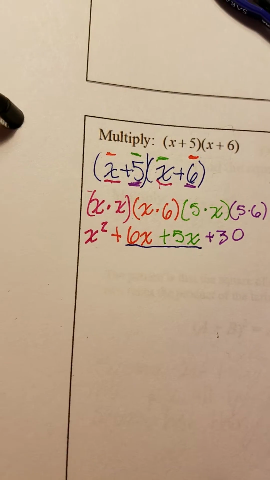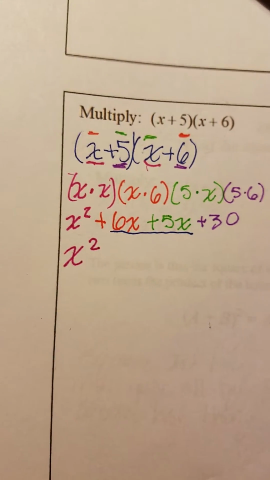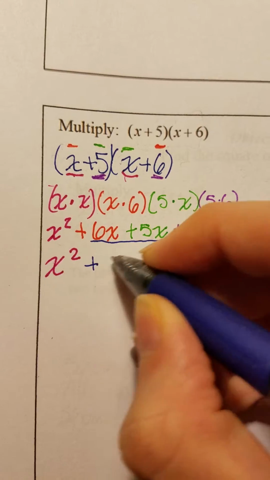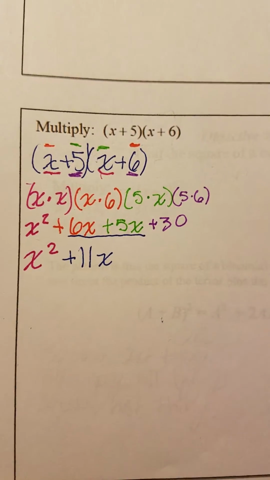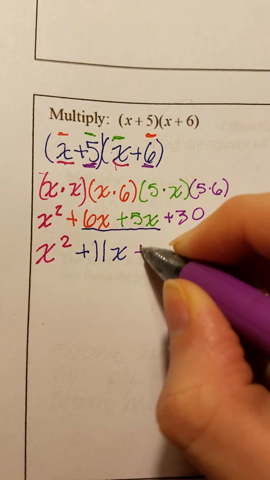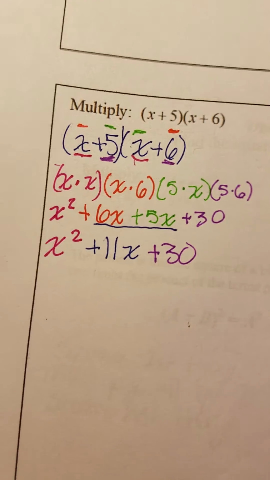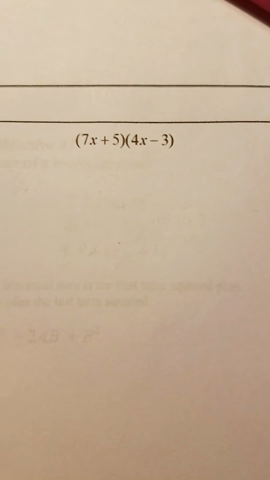So then we bring it down and we have x squared, 6 plus 5 equals 11, plus 11x plus 30. Alright, now that's how you do your simple little FOIL problem. And here, let's go over to a slightly more complicated one.